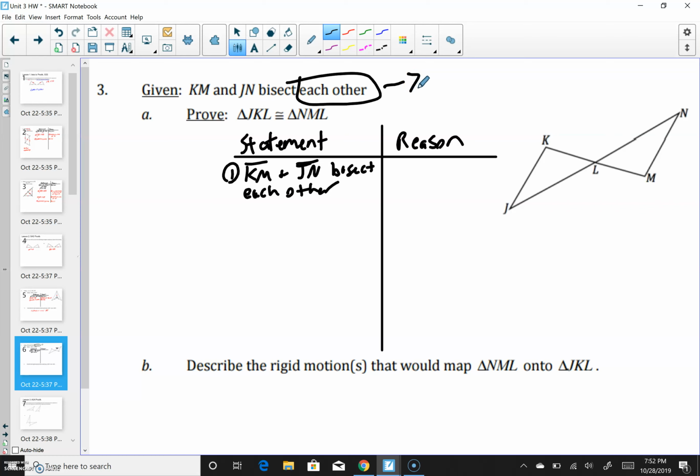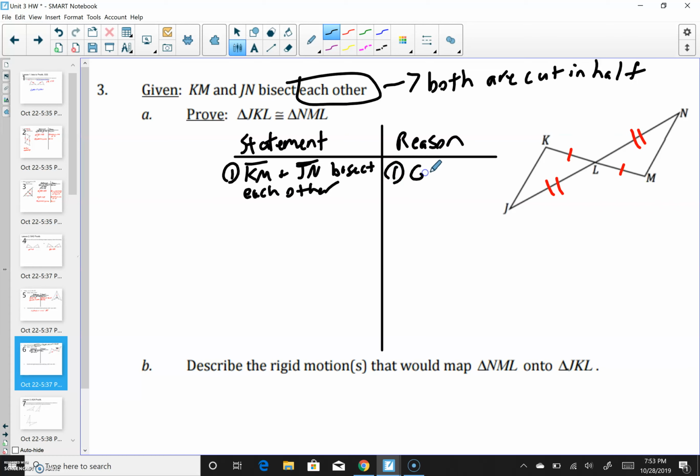The nice part about this is this each other part. When they tell you KM bisects JN, only one of them is being cut in half. When they use the words each other, that means both are going to be cut in half. So if we cut KM in half, we get KL congruent to LM. And if we cut JN in half, we get JL congruent to LN.